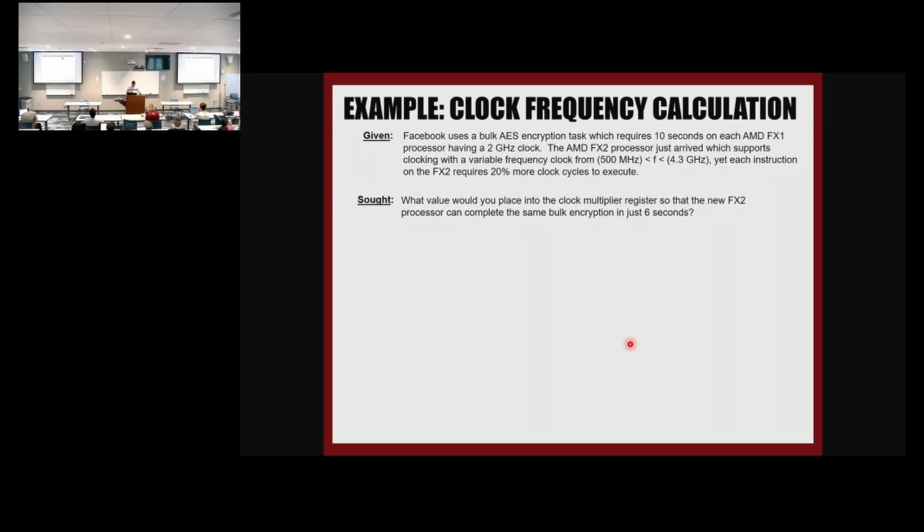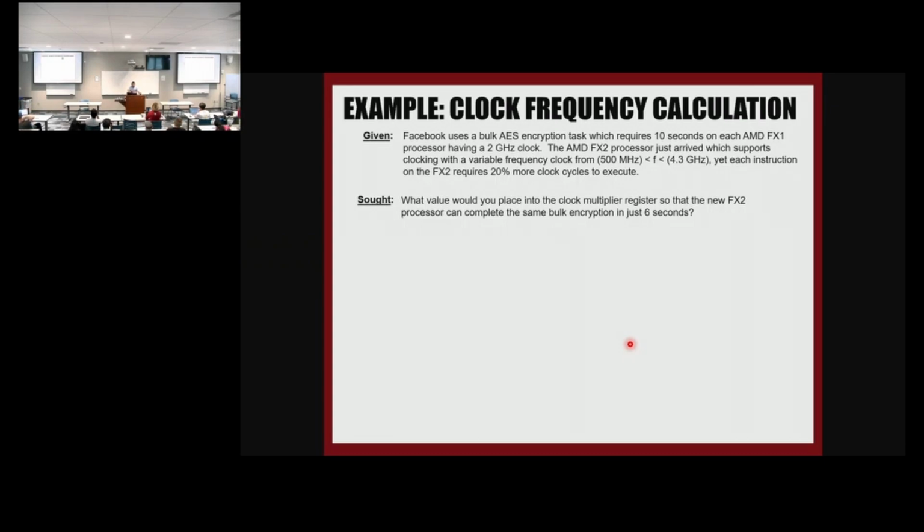Okay, now, this is a little bit more difficult, so this could be a question in the quiz. Let's say Facebook is using a bulk AES encryption task that needs 10 seconds on AMD FX1 processor that has 2 gigahertz clock frequency, sorry.